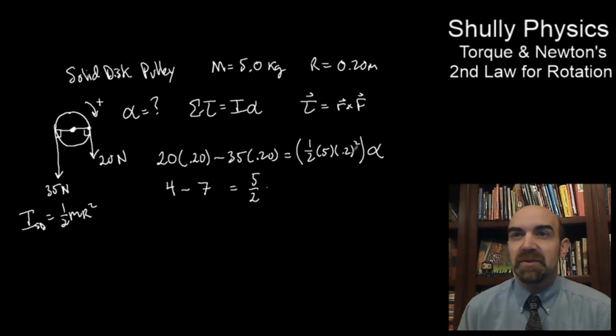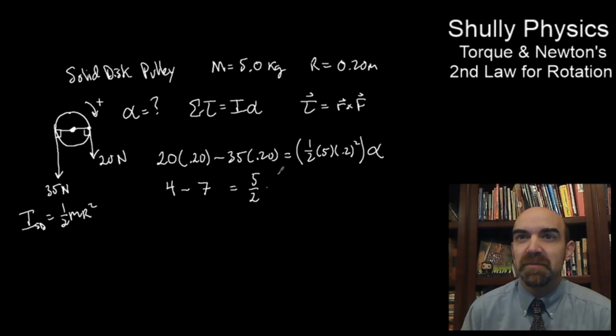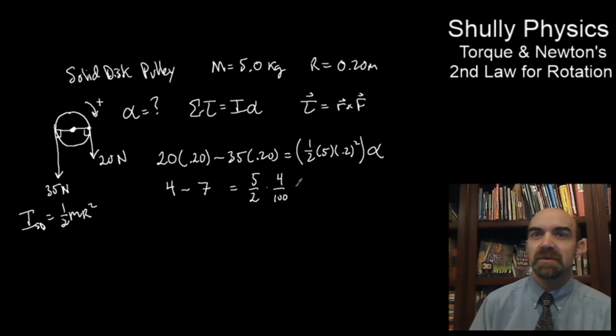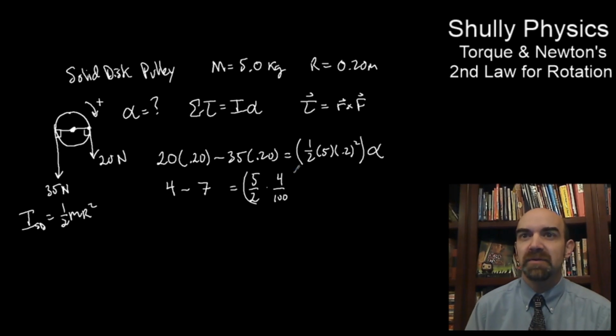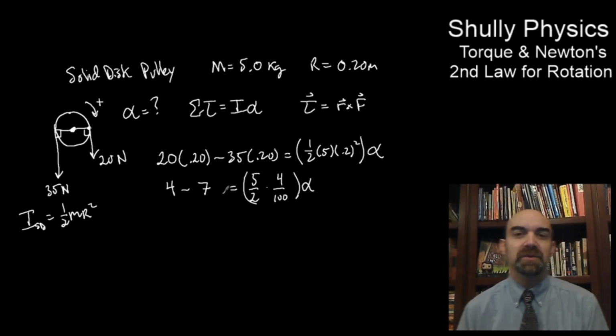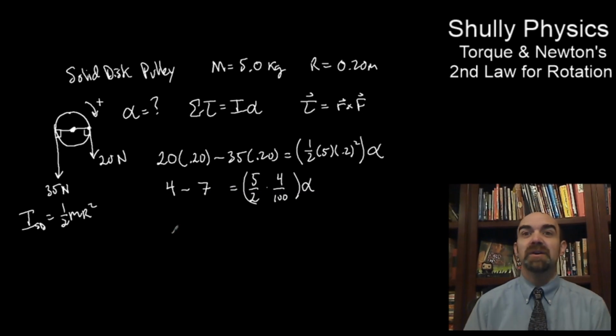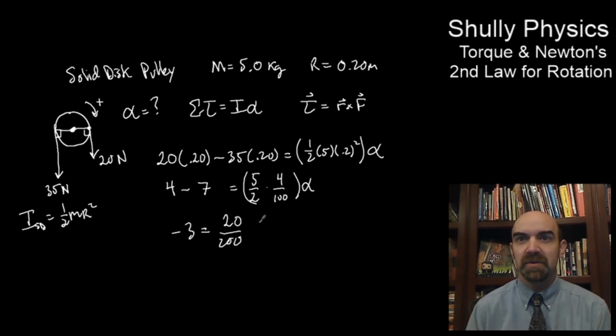That'd be 2/10 times 2/10 is 4 hundredths, alpha. Of course, you can do this a lot easier and faster on a calculator. All right, we got a -3 over here, and we're going to multiply these out. We got 20 over 200. That's the same as 1/10.